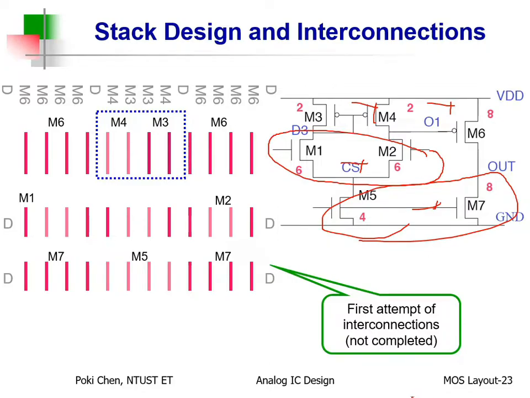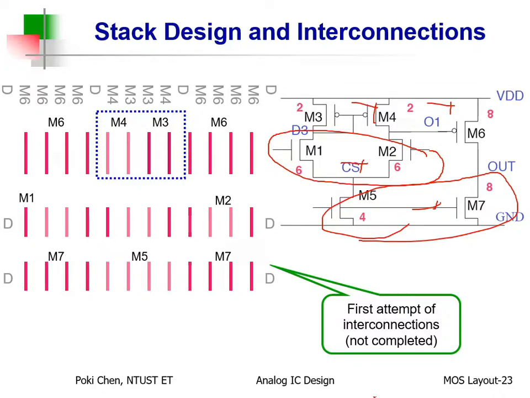You need to try your very best to get common centroid layout. Otherwise, you need to face a lot of input offset voltage. That is really bad for op-amp. That is the most important feature for op-amp design, to reduce the VOS as small as possible.